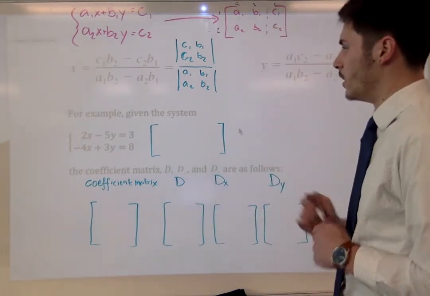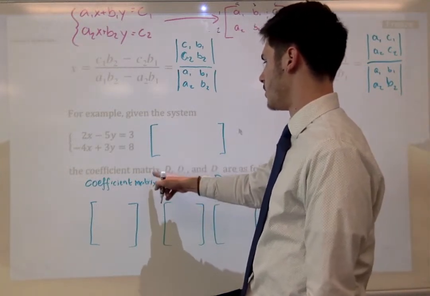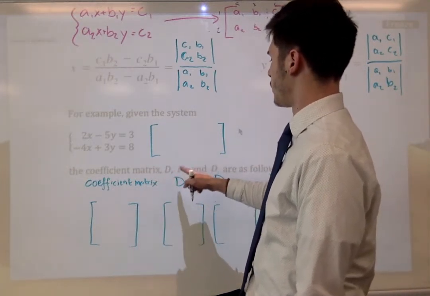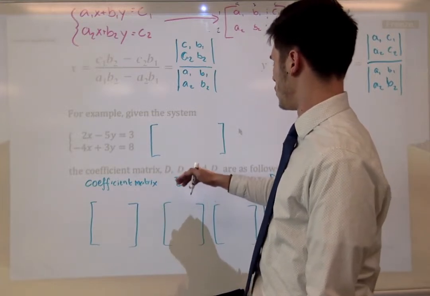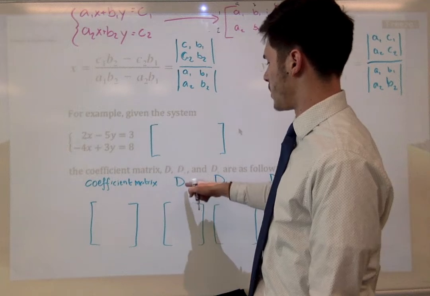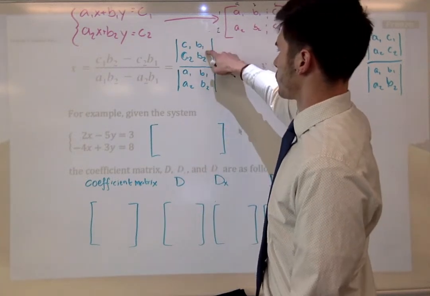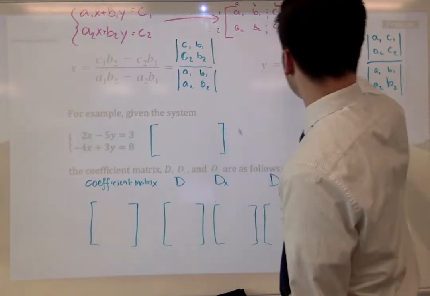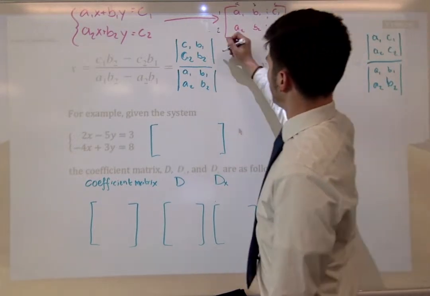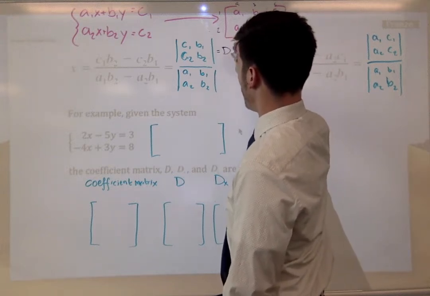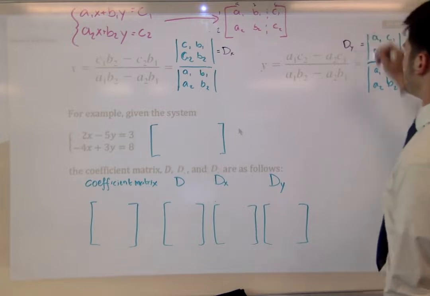So let's go through and give the coefficient matrix, the denominator, dx, which represents this matrix, and then dy is this matrix. So dx, I'll write that right here, equals this, and dy equals this.